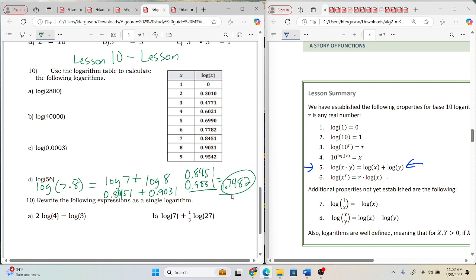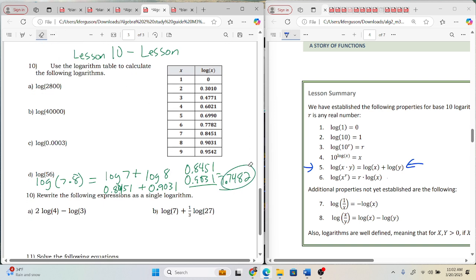So my answer is 1.7482. I added those two things together. That's what I'm doing with this chart and with these numbers.